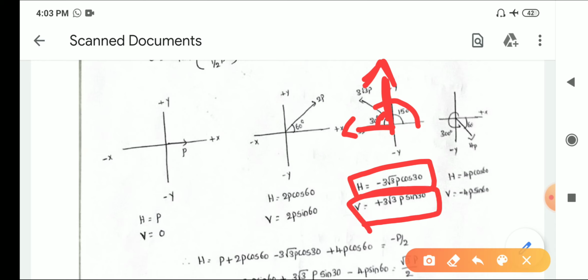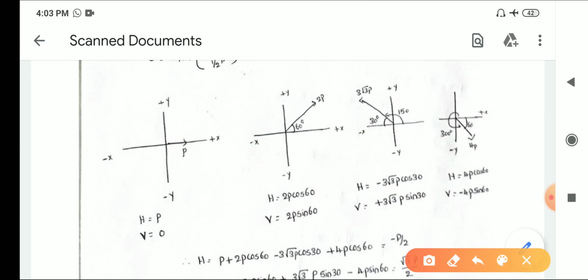Similarly, come to the fourth force. It is 4P, angle 300. I am not taking this angle 300, as it is a circle. 360, complete angle will be 360. 360 minus 300, remaining angle is 60 degrees. So I am resolving the force in these two directions, which is positive x-axis, negative y-axis.